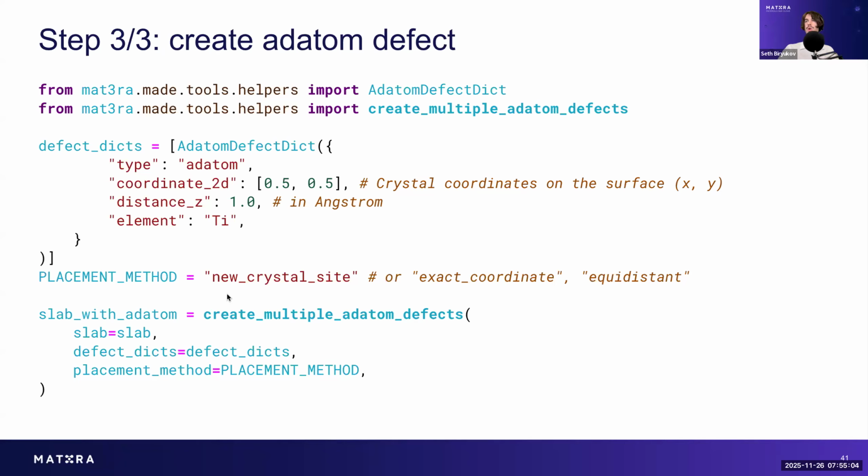For the placement method, here we go with new crystal site, which means all of the parameters that were provided here for the coordinate will be resolved to the closest crystal site of the next layer.